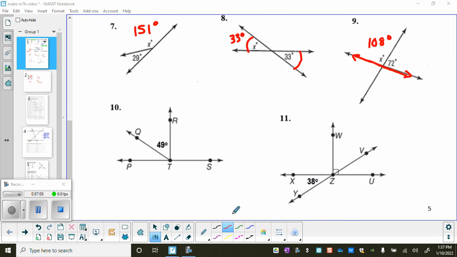All right, now for this one in the Google form, it might ask you to list angle P, T, Q, or it might ask for angle R, T, S. I wanted to review with you guys how to format that.